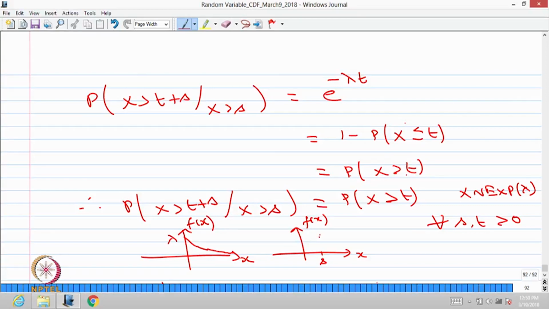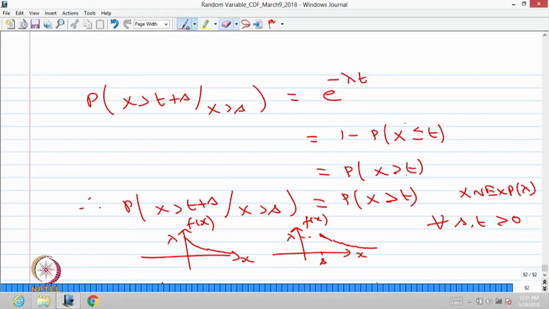That means from this point also the probability density function is of the same form as the original. The probability density function does not change whatever s you take. Given the probability of x greater than s, the conditional probability of x greater than t plus s is the same as the probability of x greater than t.